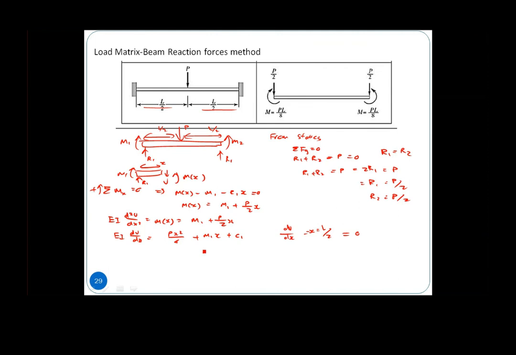Then we have another one, EI v equals P x cubed over 12 plus M1 x squared over 2 plus C1x plus C2. So we have these two equations.